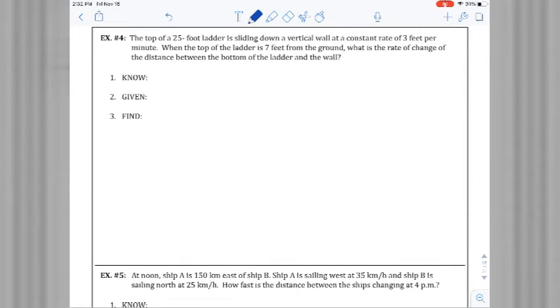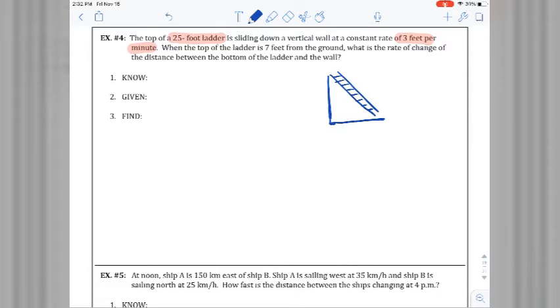The top of a 25-foot ladder is sliding down a vertical wall at a constant rate of 3 feet per minute. I'm going to pause there. We know the ladder is 25 feet, so I'm going to draw a wall, and then we have our ladder that's sliding down it. So here's kind of a ladder.